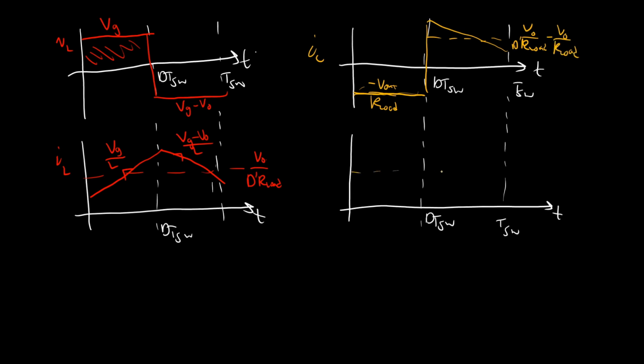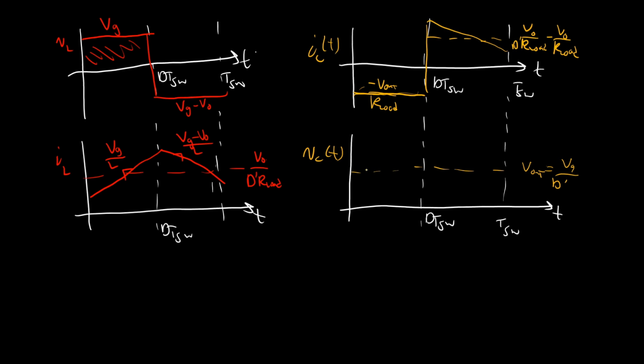Cool. Then we can draw the capacitor voltage as a function of time. These are all a function of time, I hope you can agree with that. So in this first subinterval, we know what the average is, just V out, which is equal to Vg over D prime.